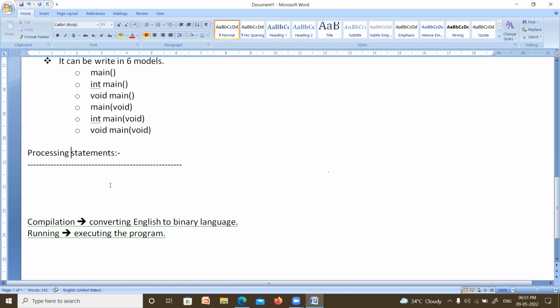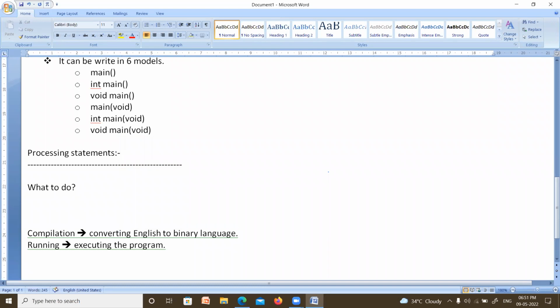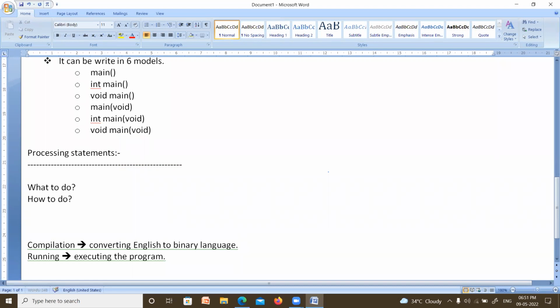These statements tell the compiler what to do, how to do, and when to do. Time is important, procedure is important, and what we have to do is also important.